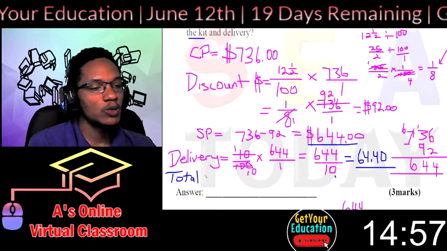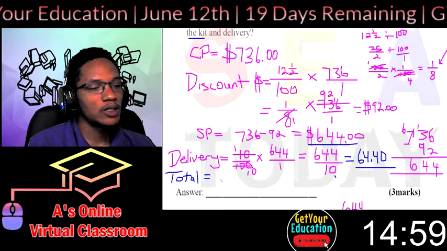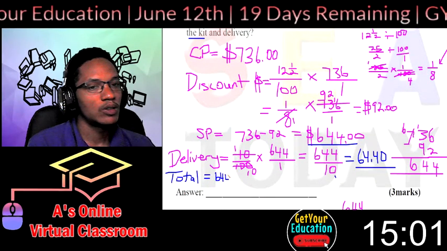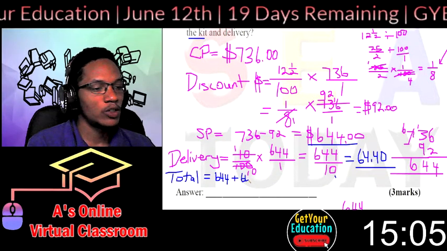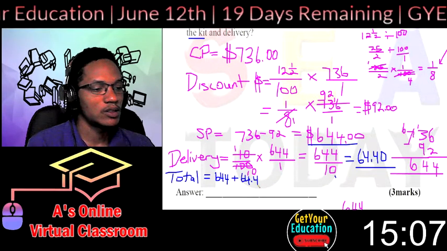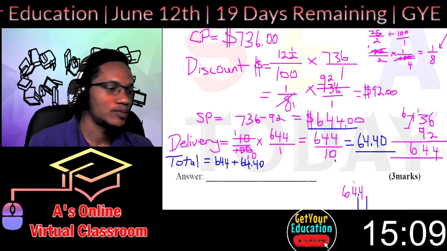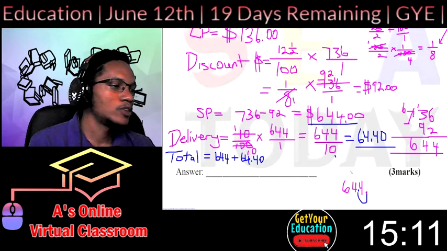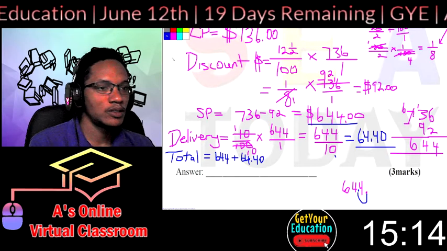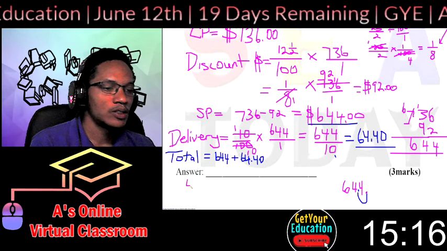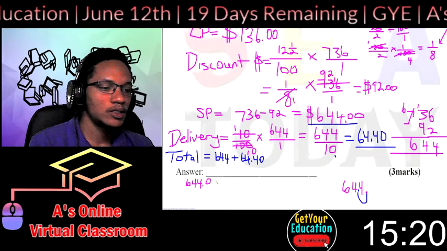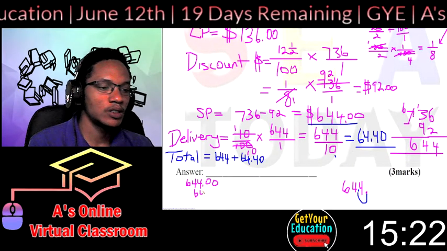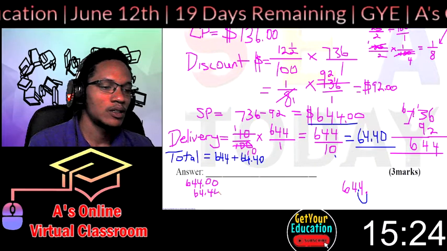So the total would be the $644 plus the $64.40. So we're going to add that up somewhere right underneath here. 644. Put in any cents because we have $64.40 to add.